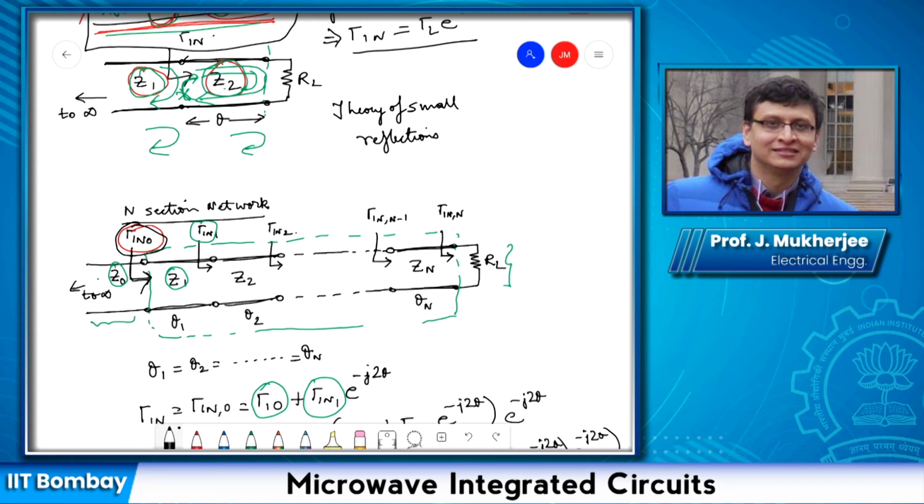In other words, this transmission line having characteristic impedance Z0 is directly connected to the load RL. If that is the case, then my input reflection coefficient should simply be, right?